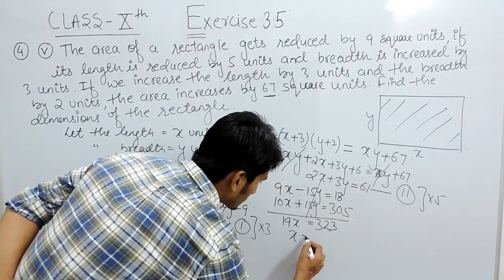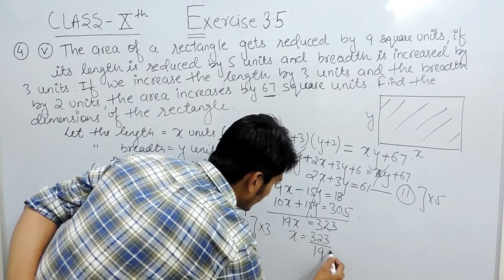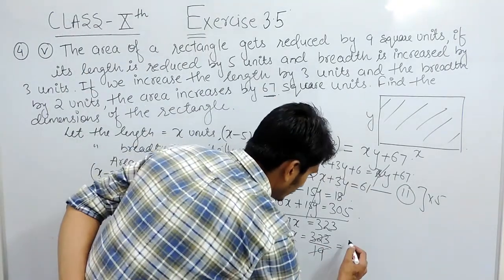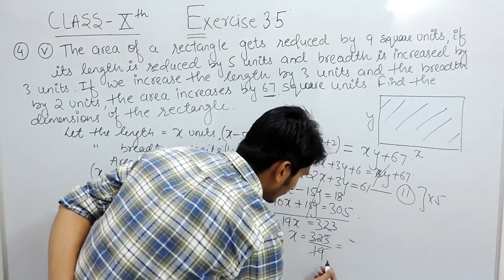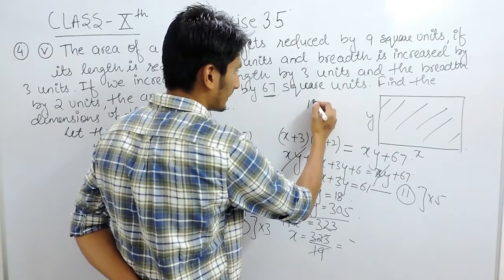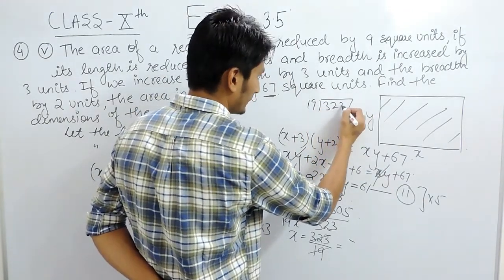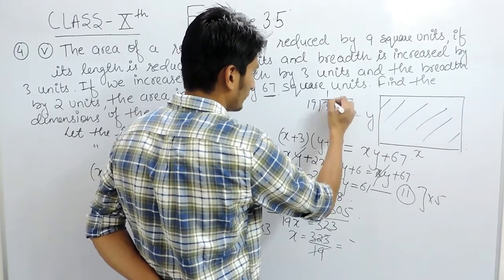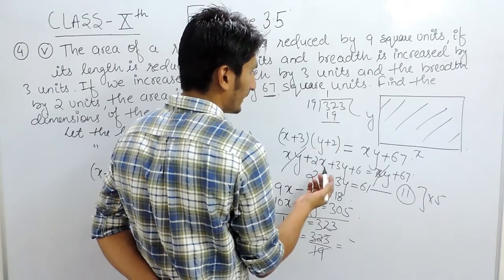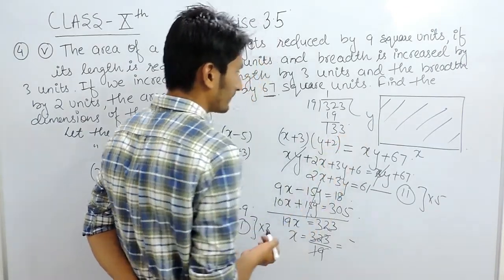So the value of x must be equals to 323 upon 19. If we cancel this, this is 19. I'm solving it here. You have to divide this 323 by 19. So 19 once is 19, and the remainder is 12. Minus 9 is 3, and this is 1, so 3.